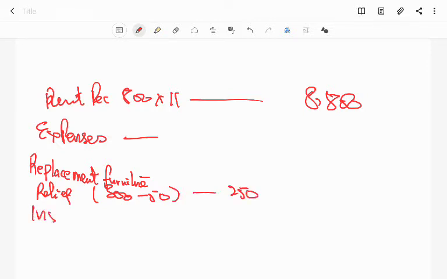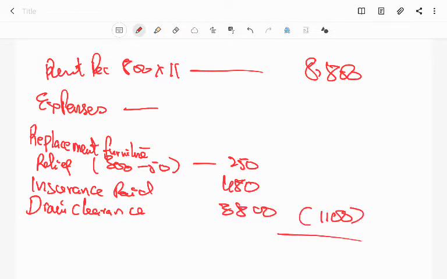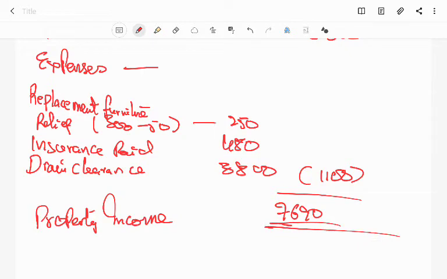Insurance paid, 480. Drain clearance, 380. We'll get 1,100 total, and our property income is 7,690.